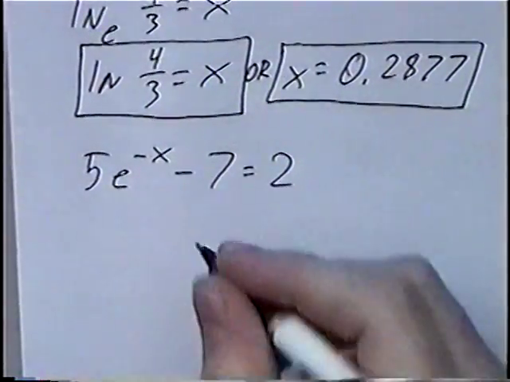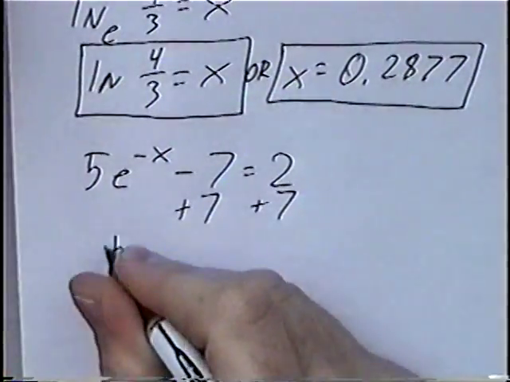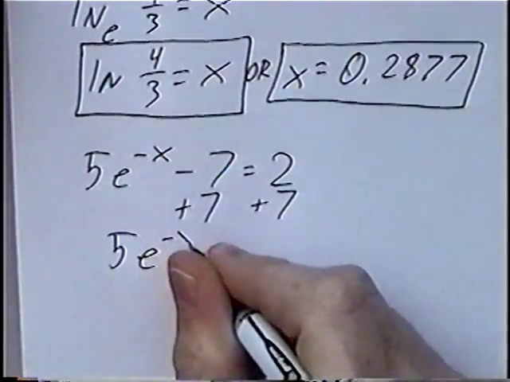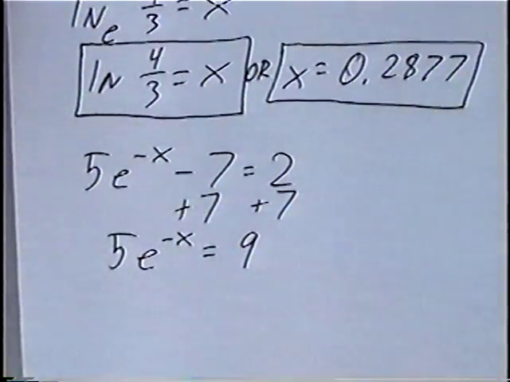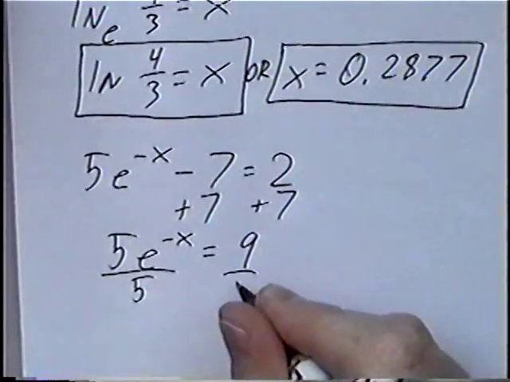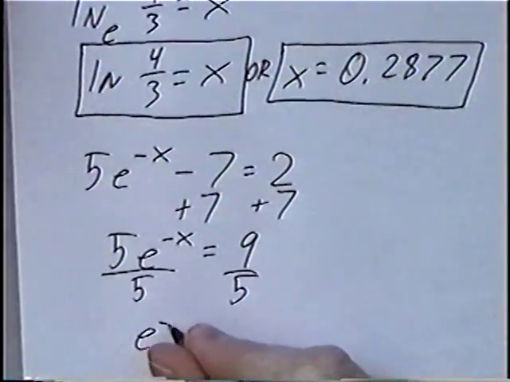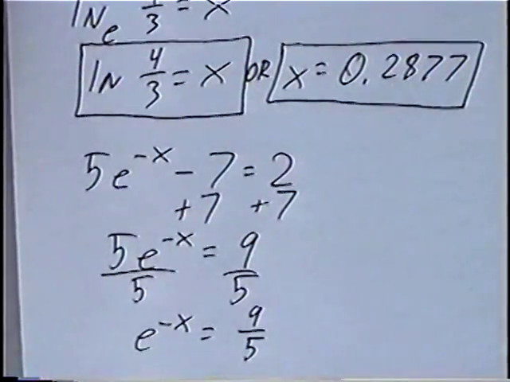First step to get x by itself, we can add 7 on both sides. So we'll have 5e to the negative x power equals 2 plus 7 would be 9. Dividing both sides by 5, we'll have e to the negative x power equals the fraction 9 over 5.